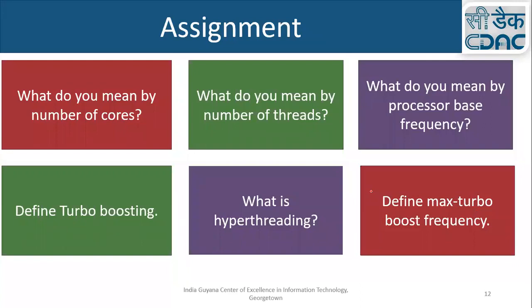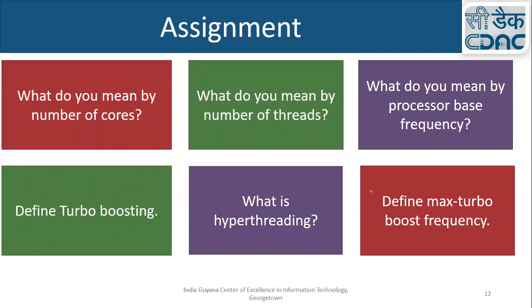Please reply. What do you mean by number of threads? Your answer, please. Number of threads is the number of instructions you can execute, or you can say the number of logical processors.